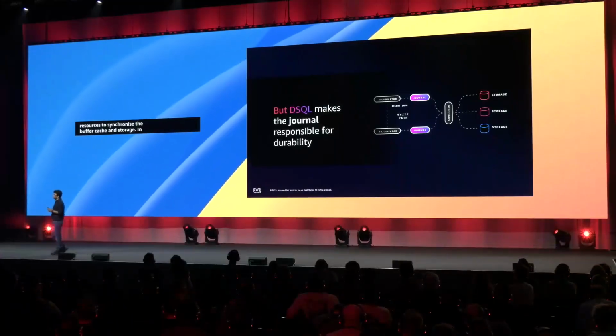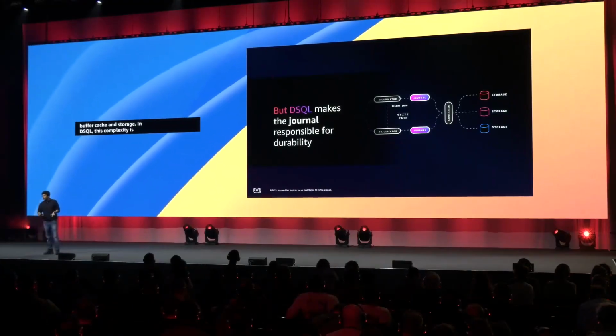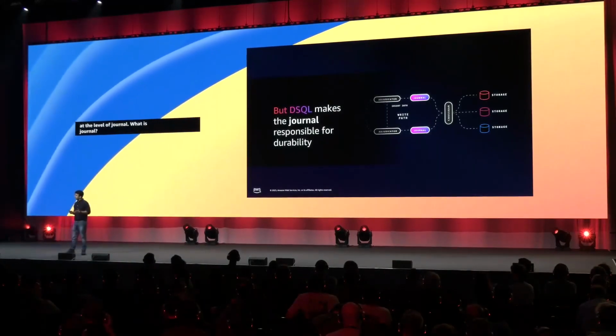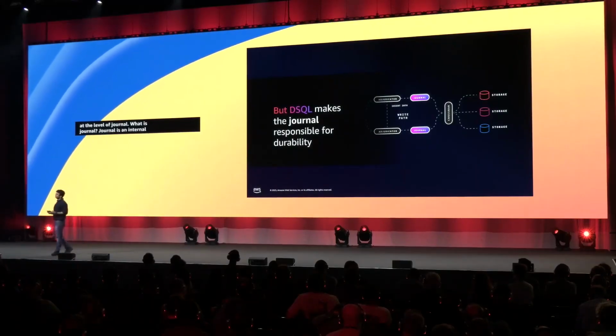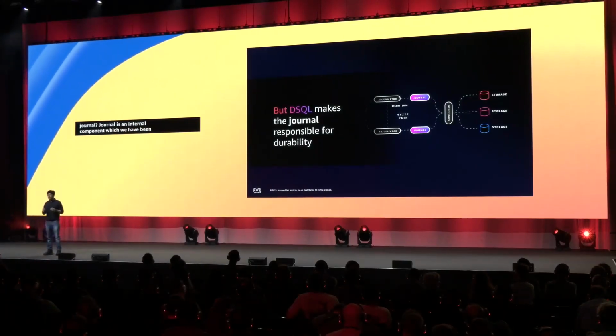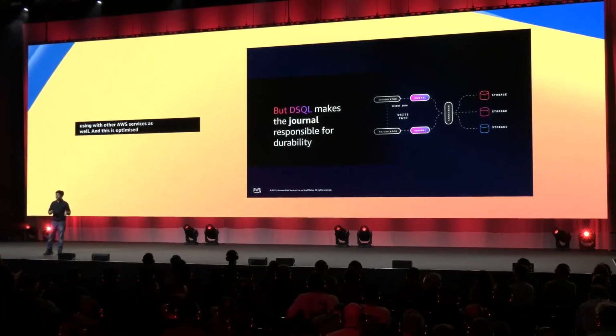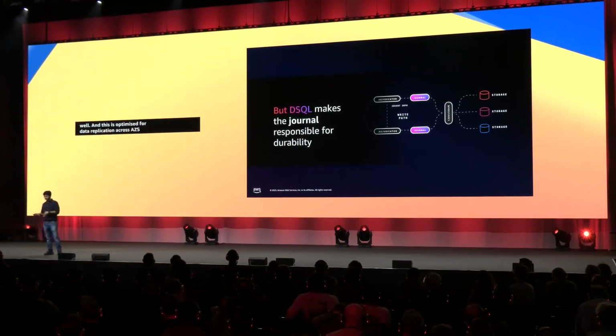In DSQL, this complexity is managed at the level of the journal. What is the journal? Journal is an internal component which we have been using with other AWS services as well. And this is optimized for data replication across AZs as well as across regions.